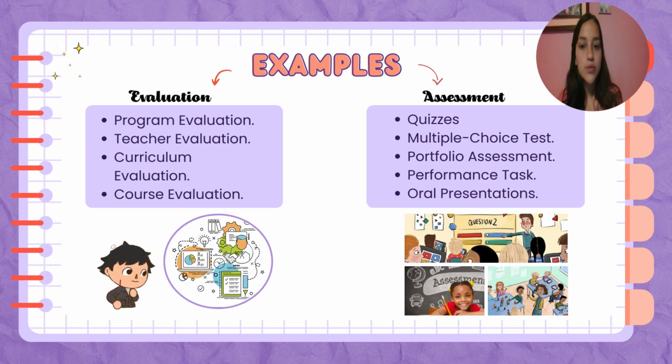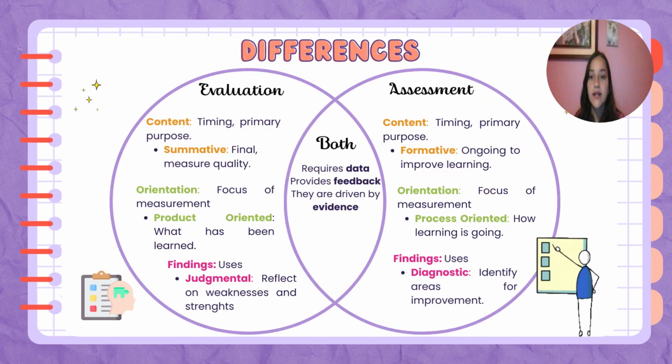On the other hand, we have the assessment tools or resources that are quizzes, multiple choice tests, portfolio assessment, performance tasks, and oral presentations. These are going to allow us to measure our students' learning process.